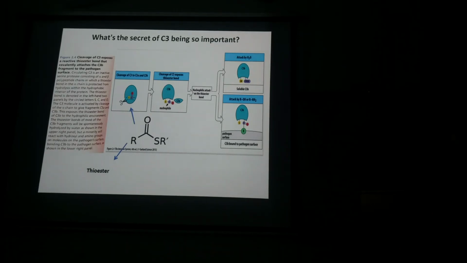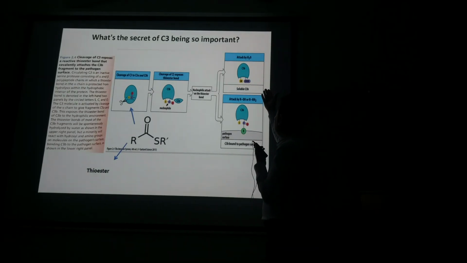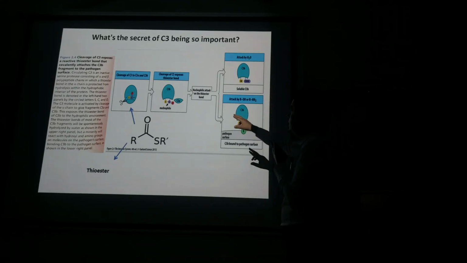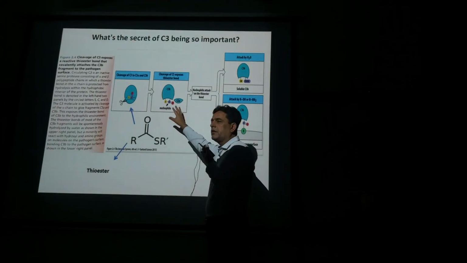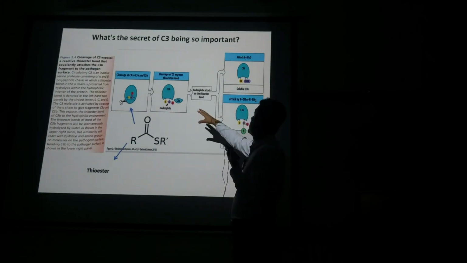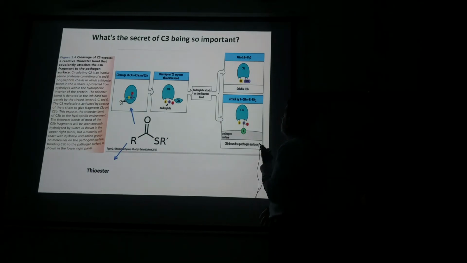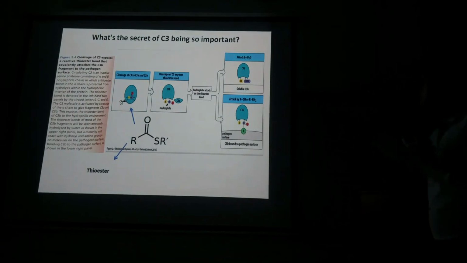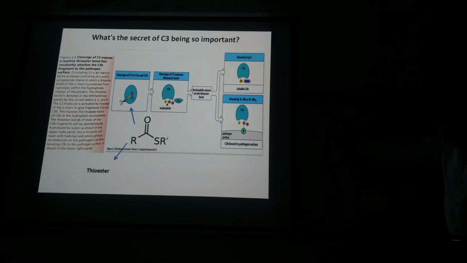Okay. For instance, you can see that it can be attacked by water, and when the water attacks this particular structure, there is a lot of room to adjust the water molecules right here. And you see that the water molecules are adjusted in the form of hydroxyls. You can say OH and H on the other side.